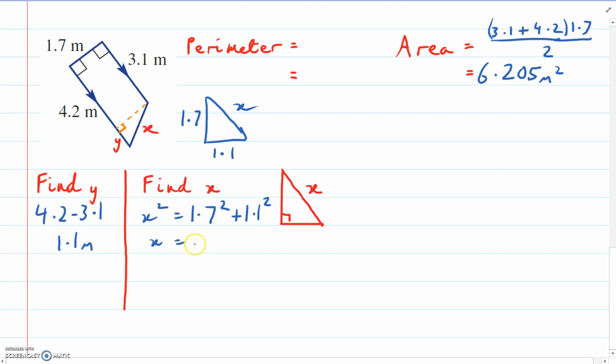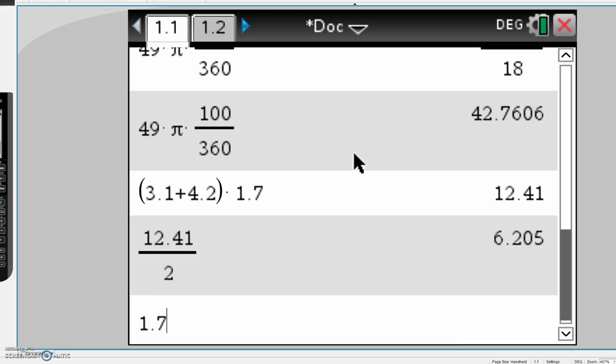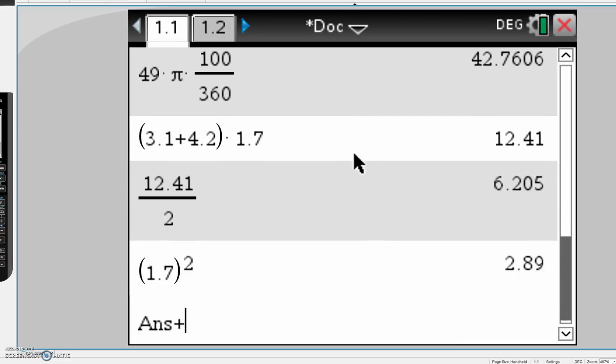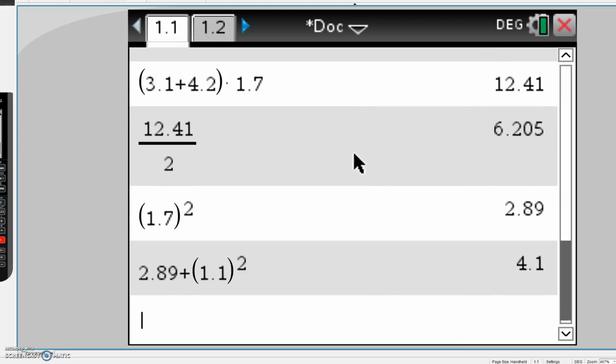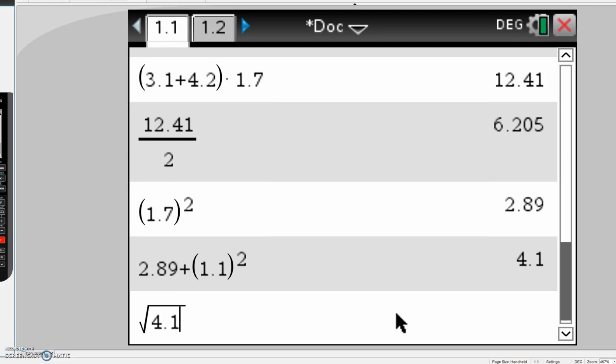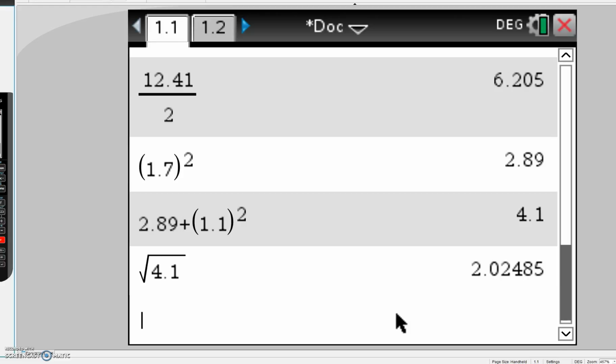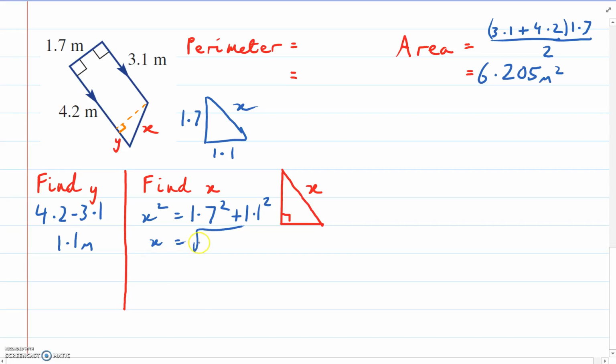In fact, let's just write it as x equals the square root of 1.7 squared plus 1.1 squared, and then the square root of that value, which is going to be 2.02. So x equals 2.02.